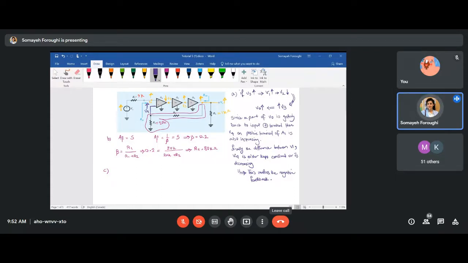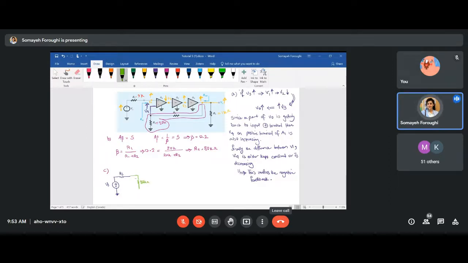In the beginning, I have the same positive and negative Vs. Then Rs is still there. This is an Rs. And at the input of A1, I'm going to put the input resistance. The question gave us all this information. Input resistance of A1 is 82 kilo ohm.